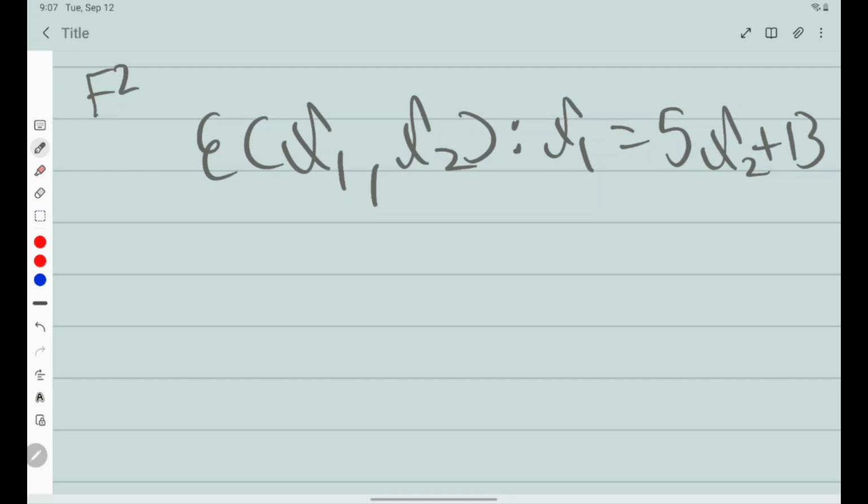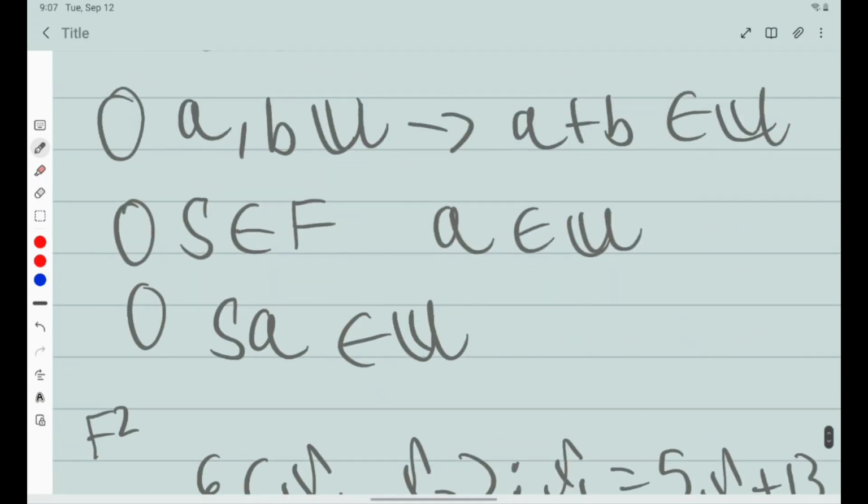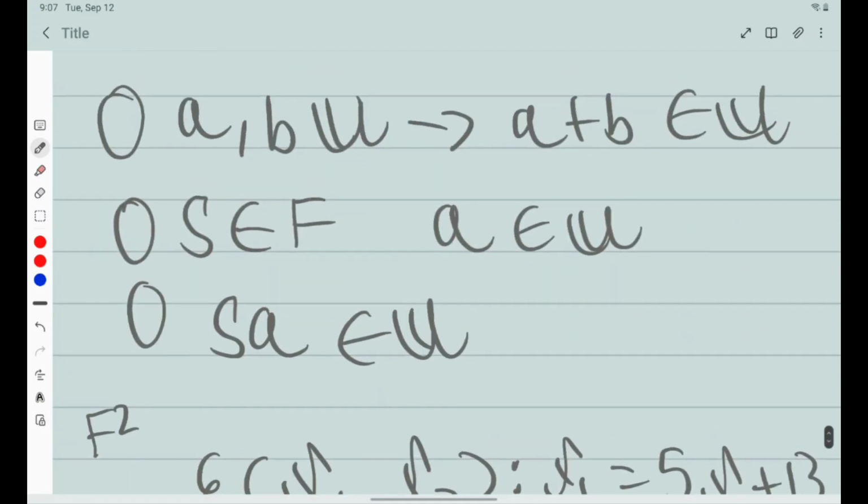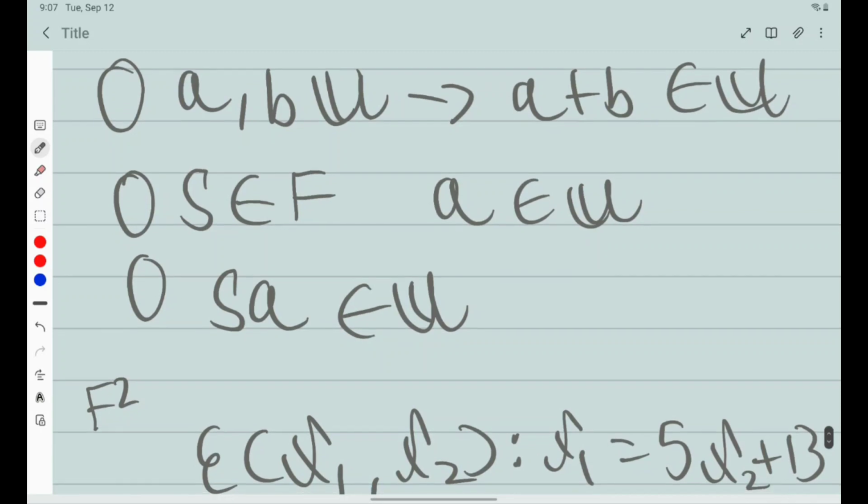So it's all lists of length 2, where the first element in the list is 5 times the second element plus 1. So let's check if this is a subspace of F2.